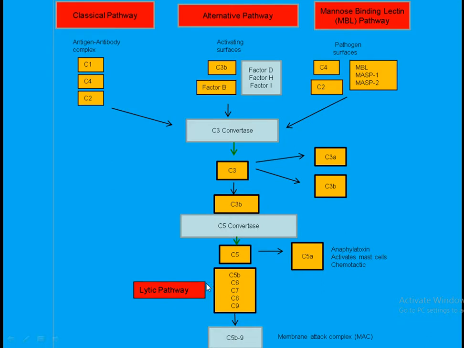And in the end I am showing you the lectin pathway also, after which the membrane attack complex is formed through which the lysis of the cell takes place.